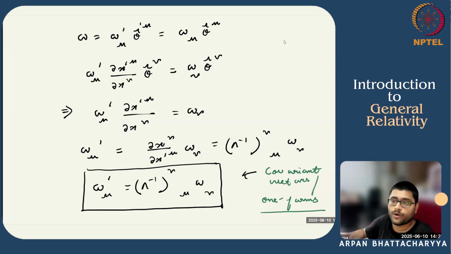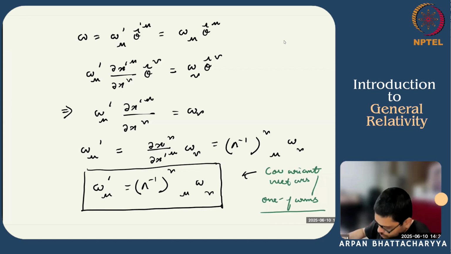Now we will discuss one last thing. So remember, we are working in the coordinate basis. So there is a natural choice for the basis for the vectors, which are del mu's, right, that we discussed.